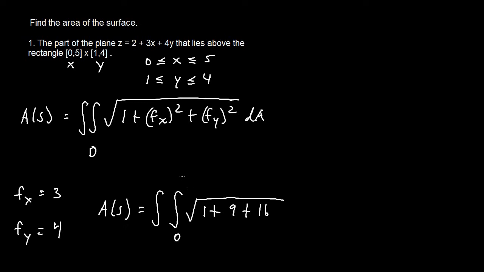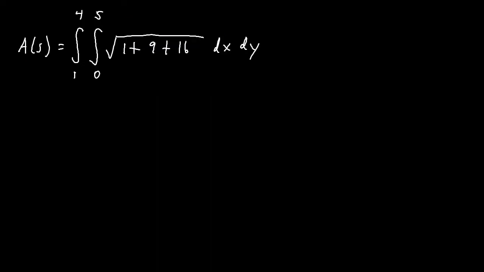So we go from 0 to 5 on the inside integral, and since those are x bounds, I'll put dx first. And then we go from 1 to 4 for the y bounds, so dy will be on the outside integral. Now if I simplify this, 1 plus 9 is 10, 10 plus 16 is 26, so we get the square root of 26.